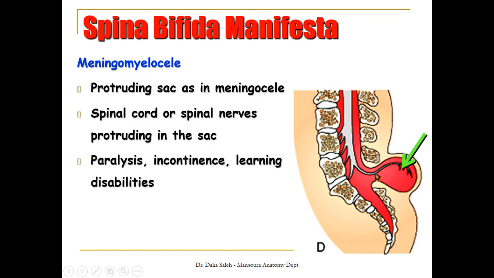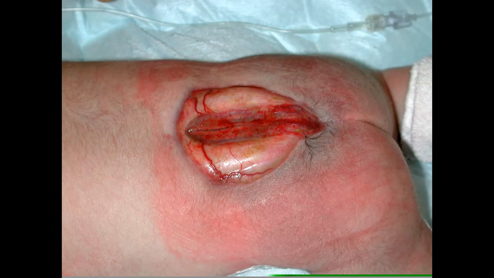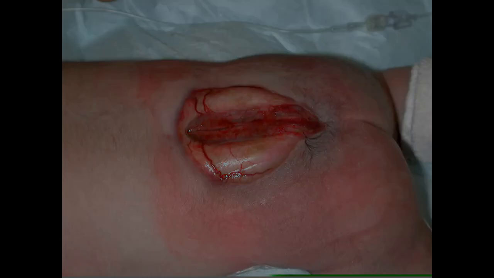Because of the protrusion of the spinal nerves into the sac, these nerves won't reach their destination, so there will be paralysis of the lower limbs, incontinence of urine and feces, and also because of the traction on the spinal cord downward, there will be learning disability. Like this one, you can see a massive deficit in the back of this baby here.